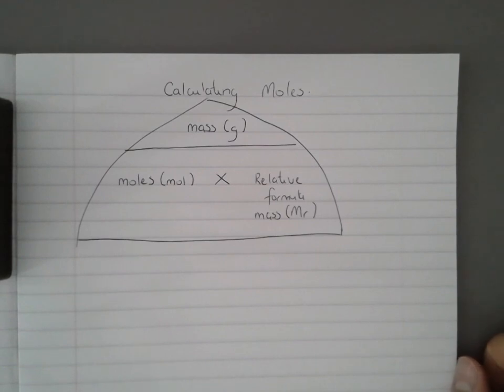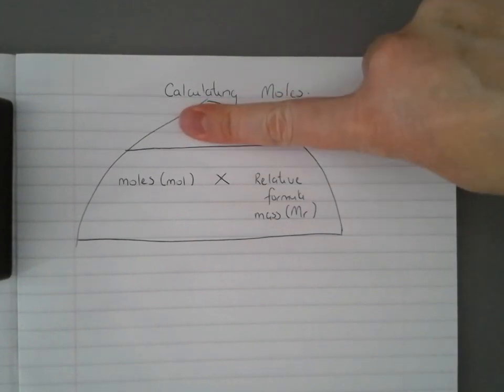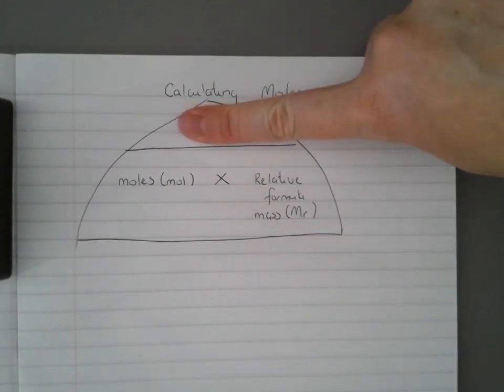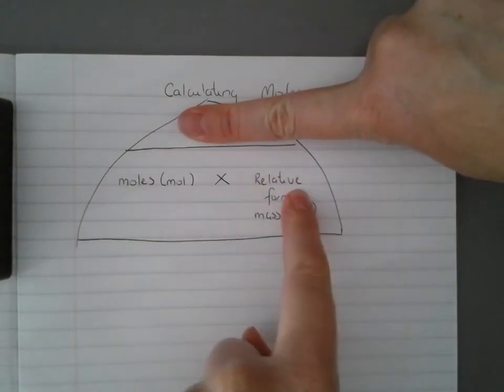Okay, so I'm sure you've seen formula triangles before, but I'm just going to go through how to read them, okay? So if you are using your formula triangle and you want to find the formula for mass, then you are going to cover mass, cover what you are trying to find, and what you are left with is the formula, okay?